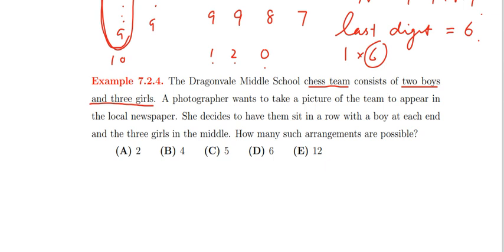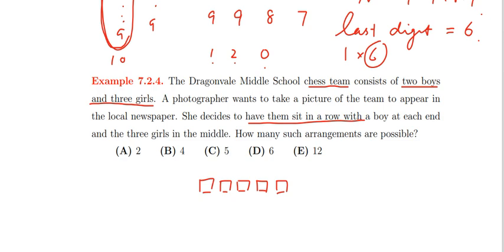So a photographer wants to take a picture of the team to appear in the local newspaper. She decides to have them sit in a row. So we just have 5 people sit in a row. Okay.